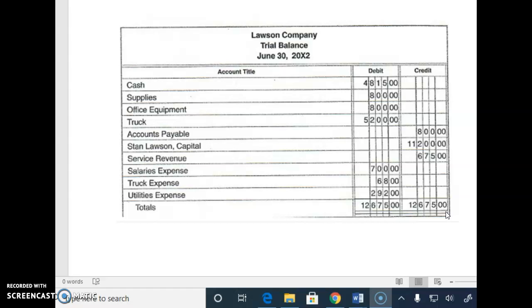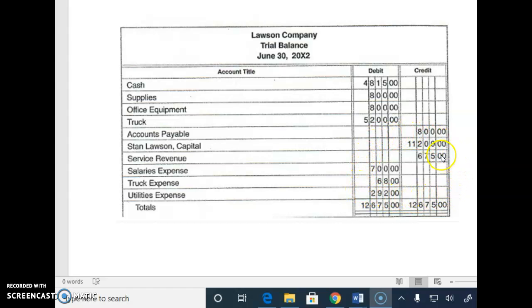Now we're going for the accounting equation again, because remember, assets equals liabilities plus owner's equity or capital. So your debits here are your assets, and here is your liability, and then the rest of this goes into capital.